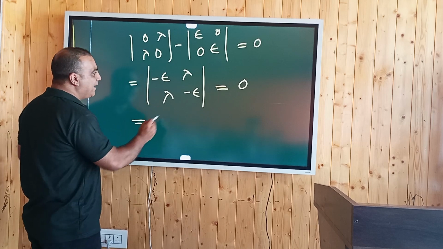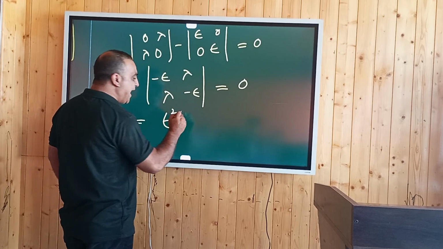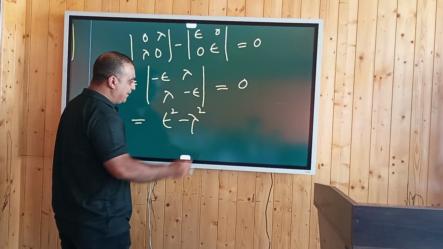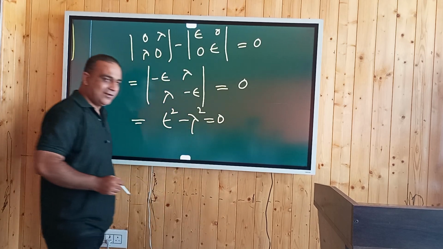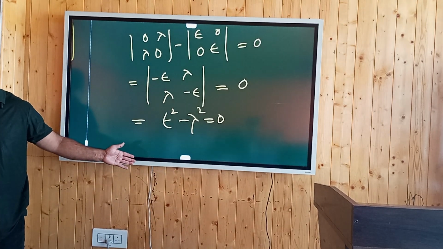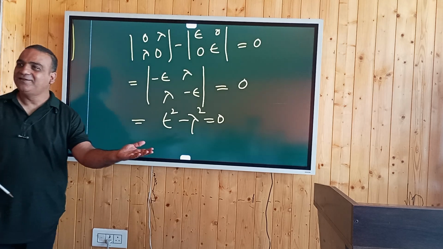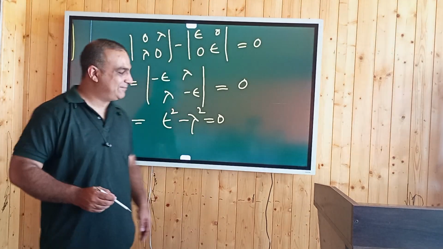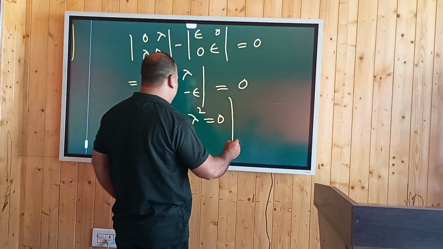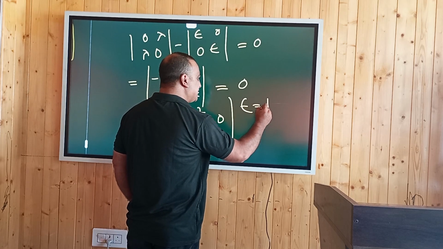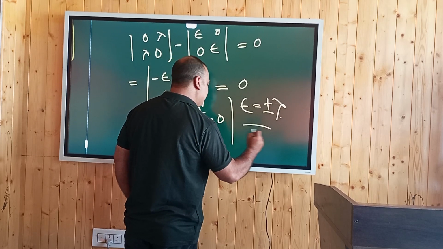From here, this gives us epsilon squared minus lambda squared equal to 0. So you have a quadratic equation, and epsilon will have two values. So you have lifted the degeneracy of your system. What you obtain is epsilon equals plus or minus lambda.